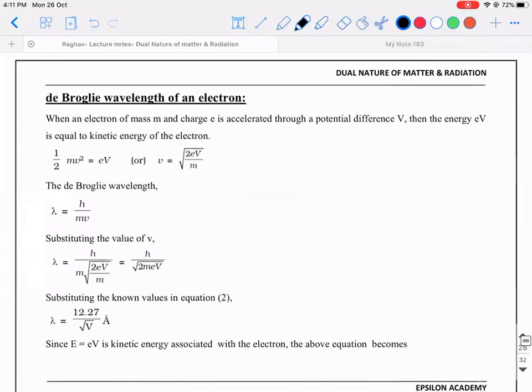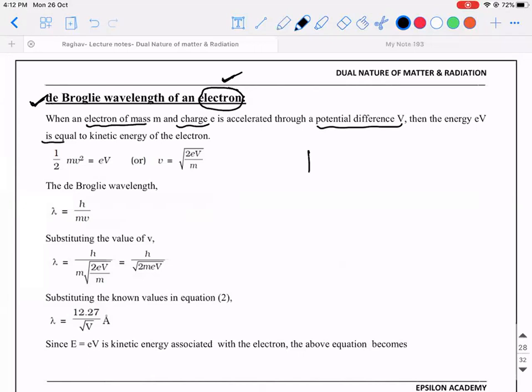Next is, how will you apply this de Broglie's wavelength? How will you calculate the de Broglie's wavelength of an electron? Because electron is a particle, how can you relate the particle nature of electron to the matter waves is the question. So listen, when you have an electron of mass m and charge e that is accelerated through a potential difference V, then eV is the energy which is equivalent to the kinetic energy.